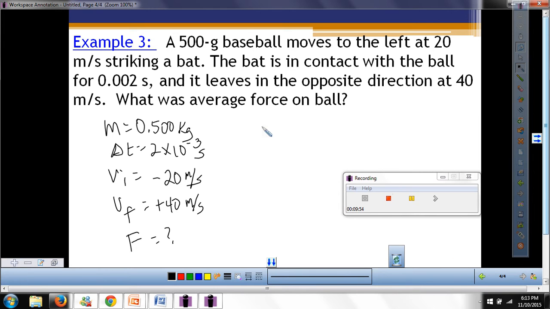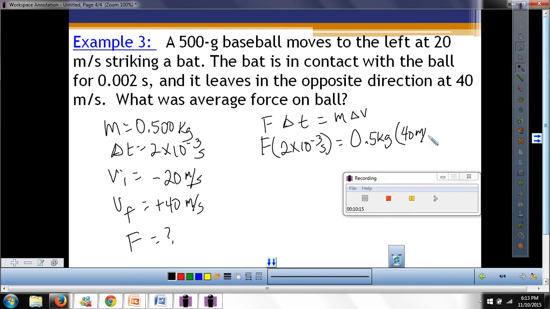Well, F delta t is equal to m delta v. So F times 2 times 10 to the minus third is equal to a half a kilogram times, okay, vf we said was 40, minus a negative 20. So that's going to give me positive 60. Half of 60 is 30.